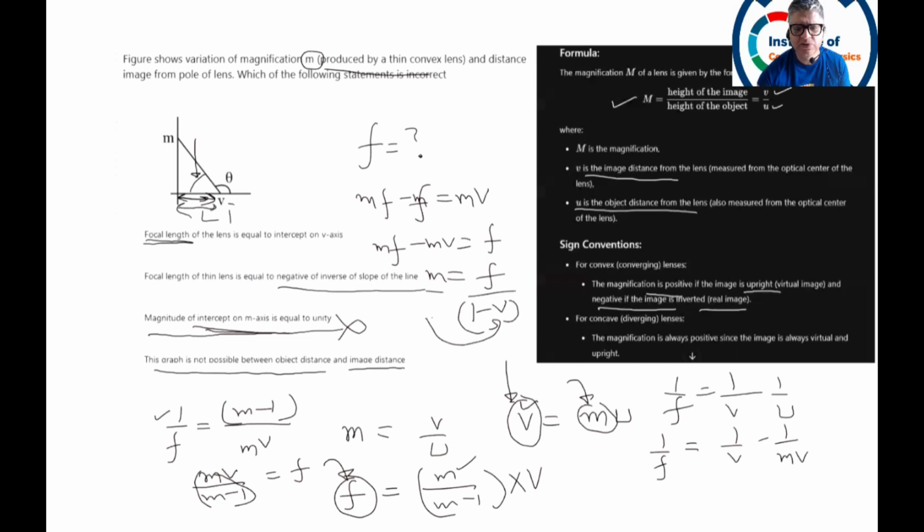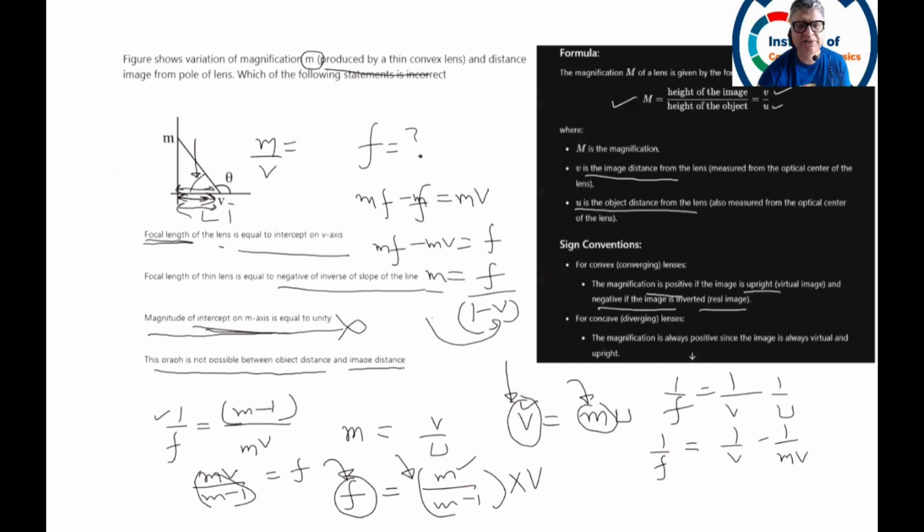So can I say that focal length is negatively equal to the slope of this line, m by v, right? M by v is the slope. The focal length of the lens is equal to intercept on the, this represents focal length. I don't think this represents focal length by any chance.